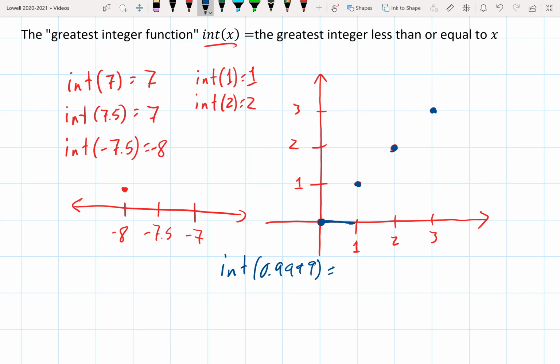It's still equal to 0 until you actually get to 1, because once you plug in 1, the output is going to be 1. So you stay at the integer until you get to the next one, basically, and this is why the graph looks like so. Whenever someone, or the book, mentions the greatest integer function, this is the function they're talking about.